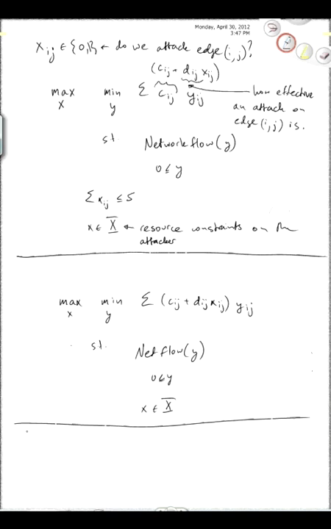The meaning over here is that you can think of this as a game between two players. There's an attacker, and the attacker is like the x variables, versus a defender, or oftentimes the defender is called the operator. The operator is this person who's actually trying to solve the shortest path, and you can think of that as the y variables. The game is a sequential game. First, the attacker chooses where to attack.